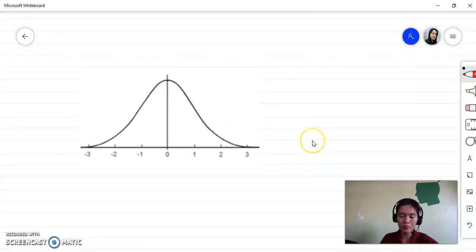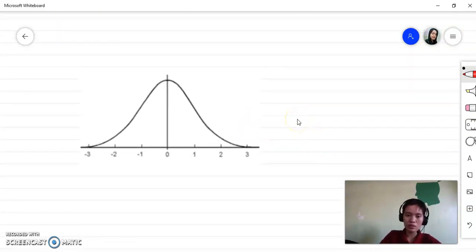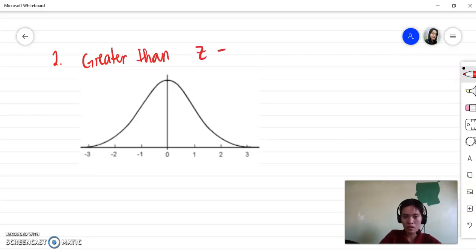Next, number 2. For number 2, let's have greater than z equals positive 1.5. So you already have your normal curve. Next you locate this z-score 1.5. That's between 1 and 2, so here.